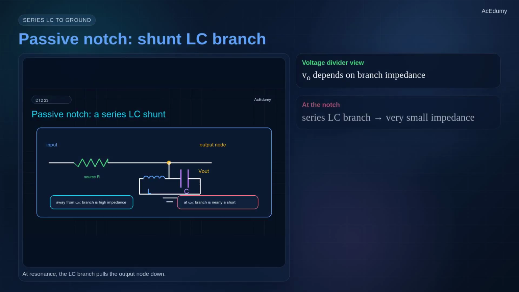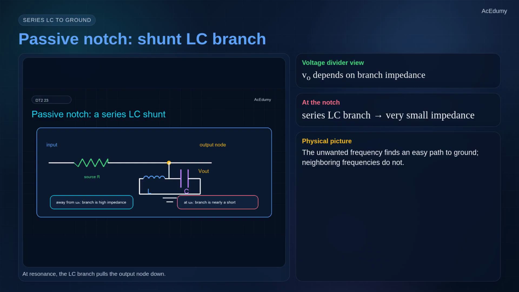One passive way to make a notch is to put a resistor in series with the signal, then connect a series LC branch from the output node to ground. Away from resonance, that branch has high impedance, so the output node is not strongly loaded. At resonance, the LC branch becomes almost a short to ground, so the output voltage falls.